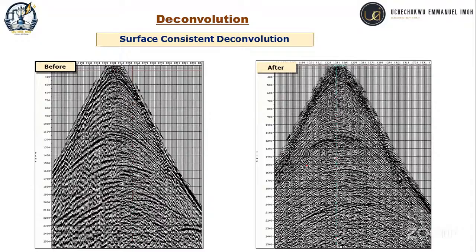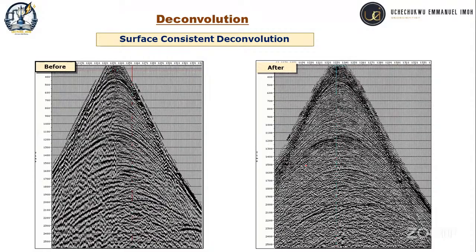If the seismic data is not properly deconvolved, one, you will not attenuate some of the multiples in the data. Two, the resolution won't be that sharp. So if you're mapping a horizon during interpretation in data with a poor deconvolution job done, at a point you'll be confused between 2 events or reflections.